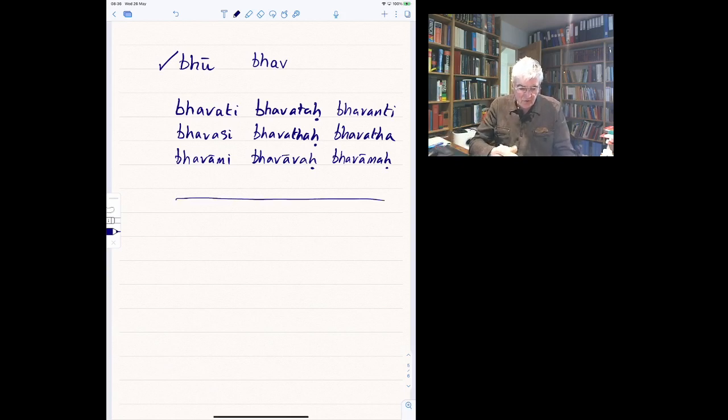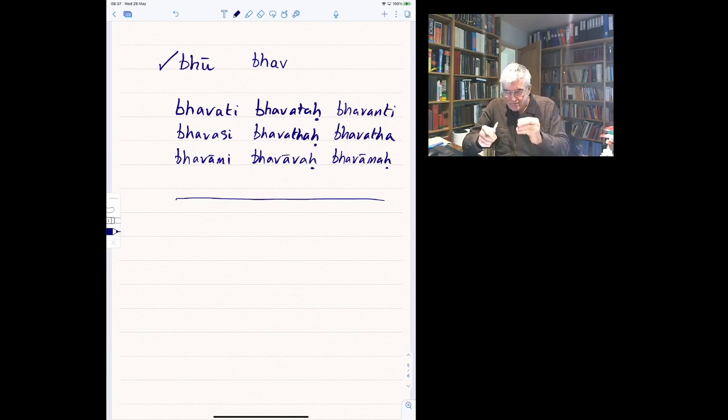So let's go through this list of verbs here. The third person singular form is given. Once you know the third person singular form, once you've got the root and then your conjugational base like bhu, bhavati, that's the form that we normally quote for a verb.